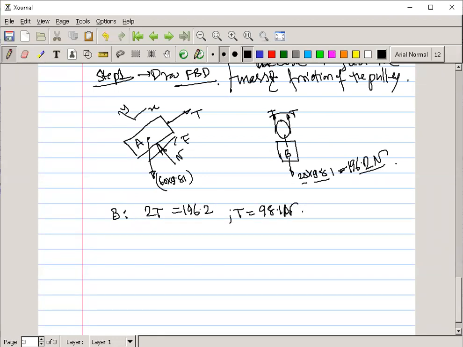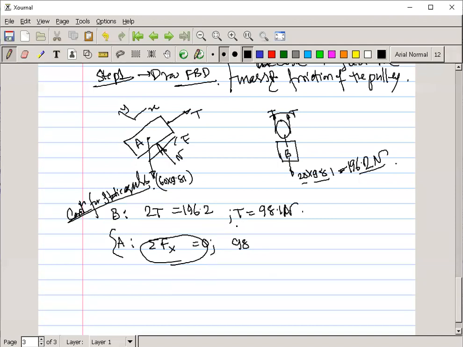So if it is the case, how to solve this type of problem? Now, for block A, we can write summation of Fx is equal to 0. This is the condition for static equilibrium, first we have to write the condition for static equilibrium.